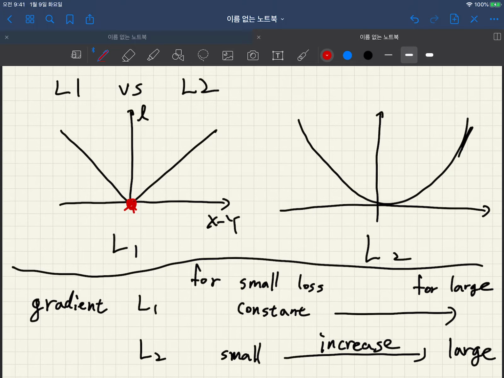On the other hand, the L2 loss function is very smooth. The slope varies smoothly over the whole range. So the L2 loss function is a smooth loss function. That is the difference between L1 and L2.